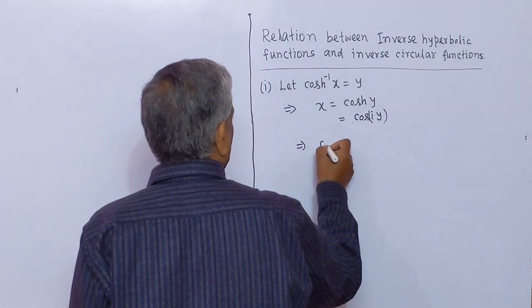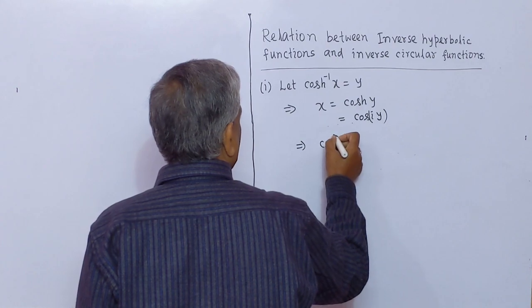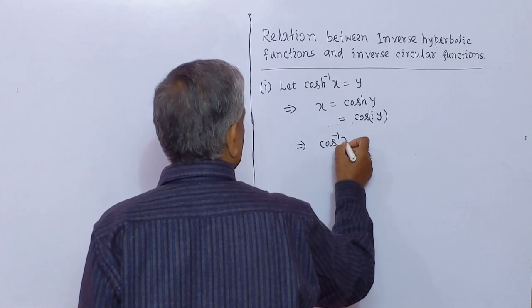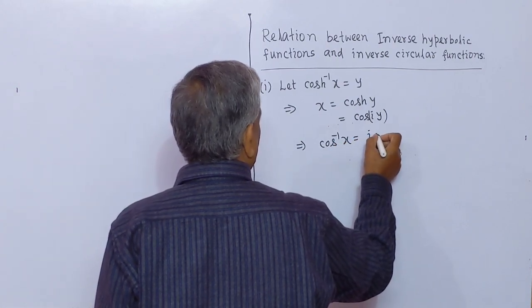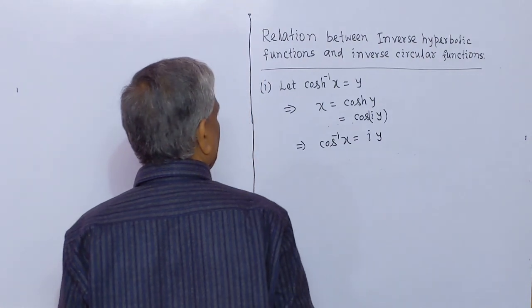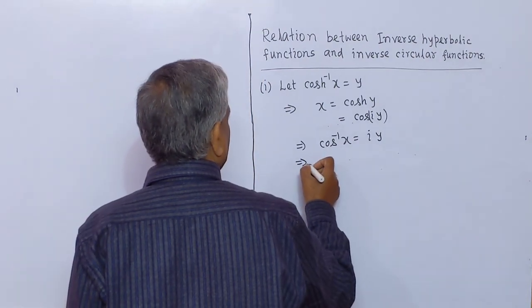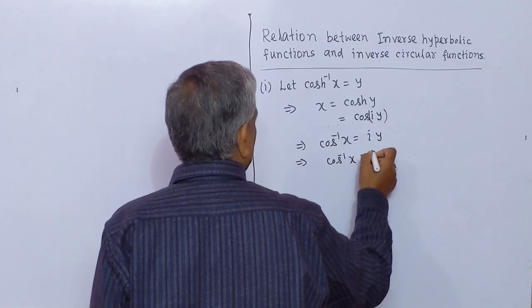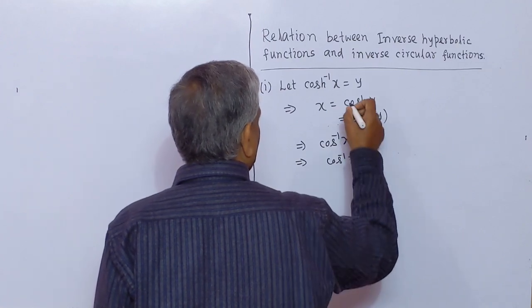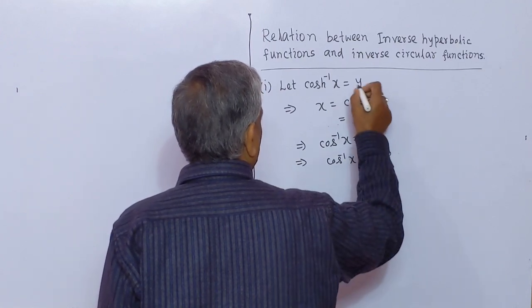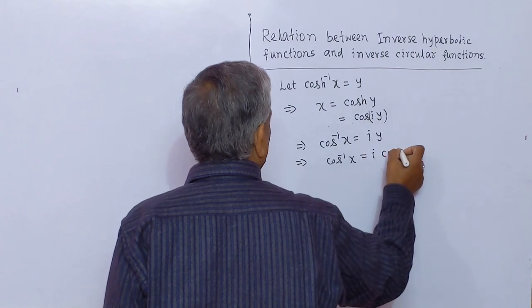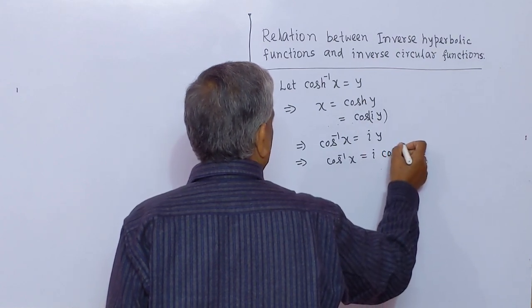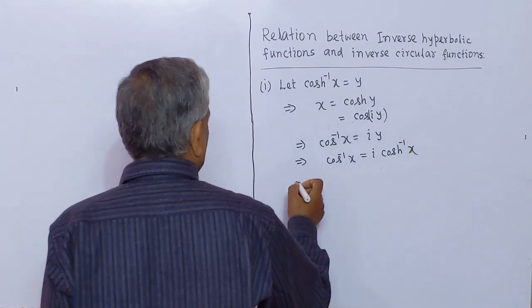This implies that cos inverse x equals iy, so cos inverse x equals i times cos hyperbolic inverse x.